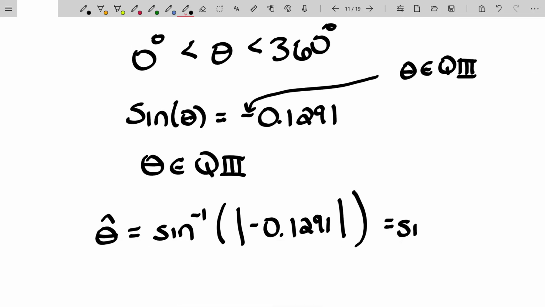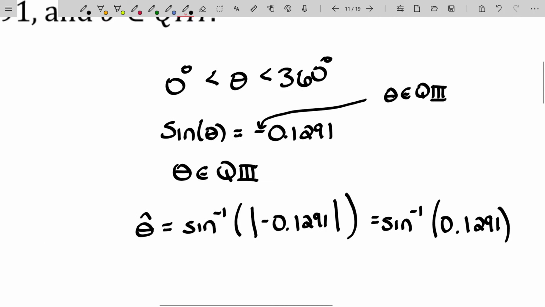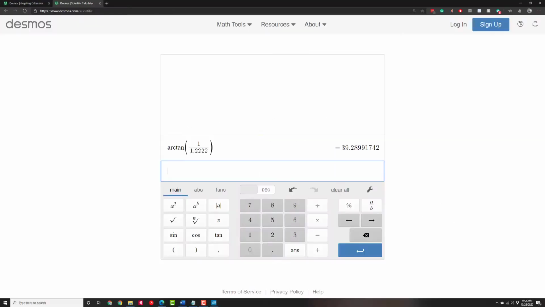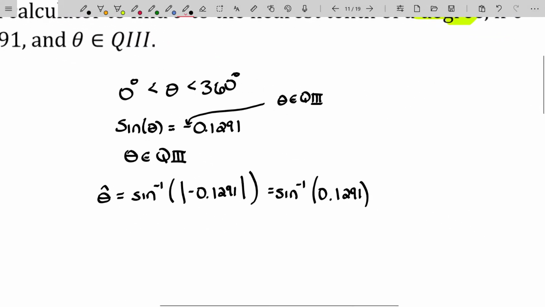So my reference angle is going to be the sine inverse of 0.1291. So let me go ahead and find out what the arcsine of 0.1291 is. We get 7.4 degrees. Very roughly 7.4 degrees here.